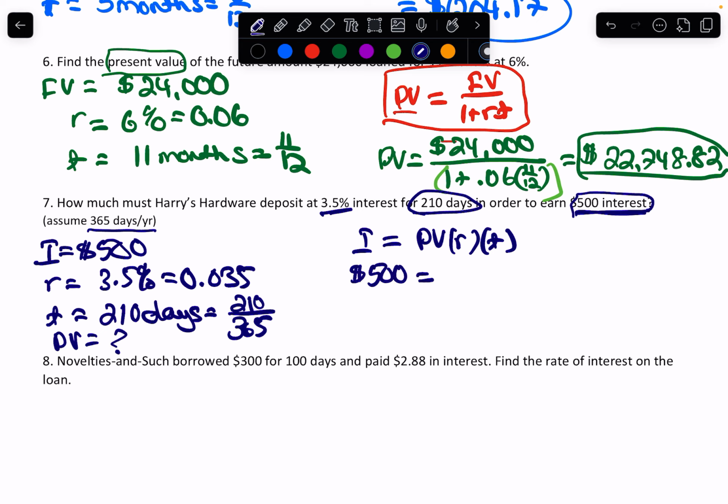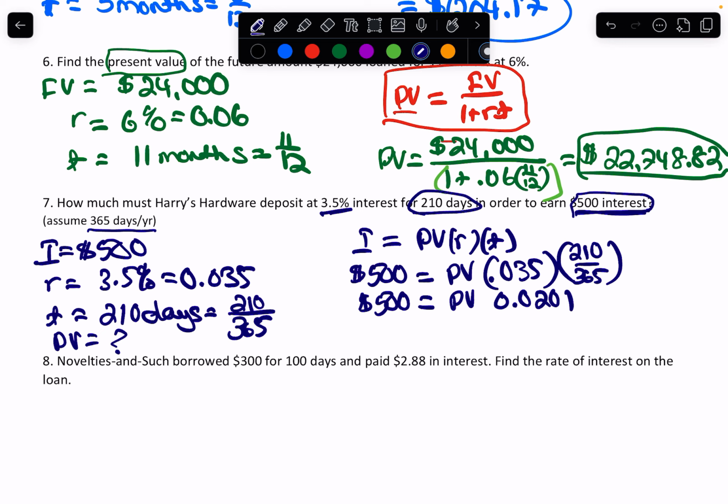We don't know the present value, and our rate is 0.035, and time is 210 over 365. When we do that calculation on the right side, we get 0.0201, and then to get the present value, we divide both sides by this, and we get present value equals $24,829.93.